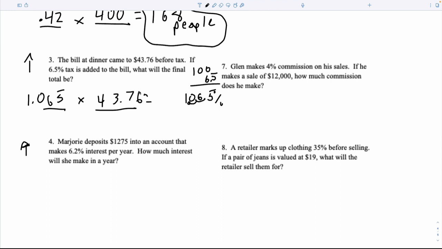I need to see what you put in your calculator. So round to the nearest number. 46. It'd be 46.60. I think your decimal is a little off. Make sure it's 1.065.